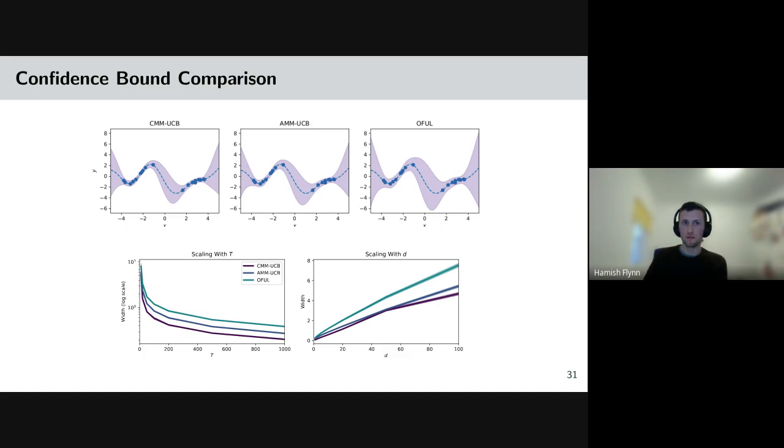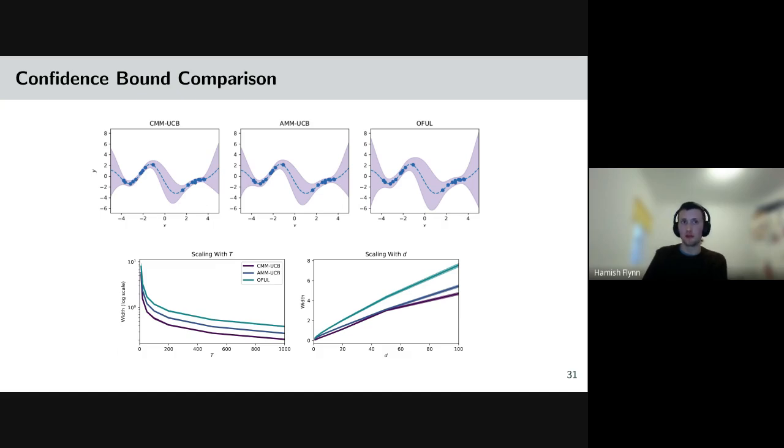And in this case, CMM-UCB is a little bit better than AMM-UCB, which is a little bit better than OFUL. And then the plot at the bottom shows the average widths of each confidence bound, so the upper confidence bound minus the lower confidence bound, for different sample sizes on the left and different feature vector dimensions on the right.